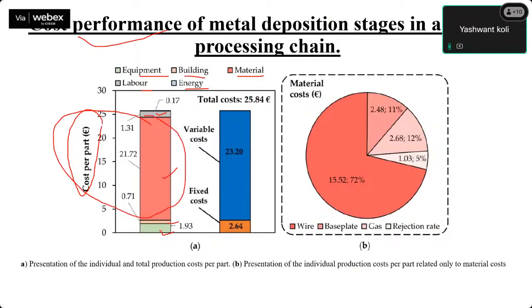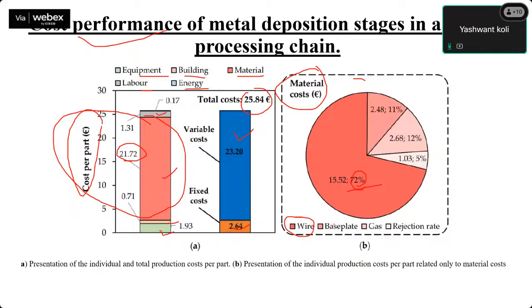So total cost is this much, and you can categorize it as variable cost and fixed cost. And this is the material cost. You can see how much material cost has been separated. So 72% of this material cost of 21.72 euros goes to wire.